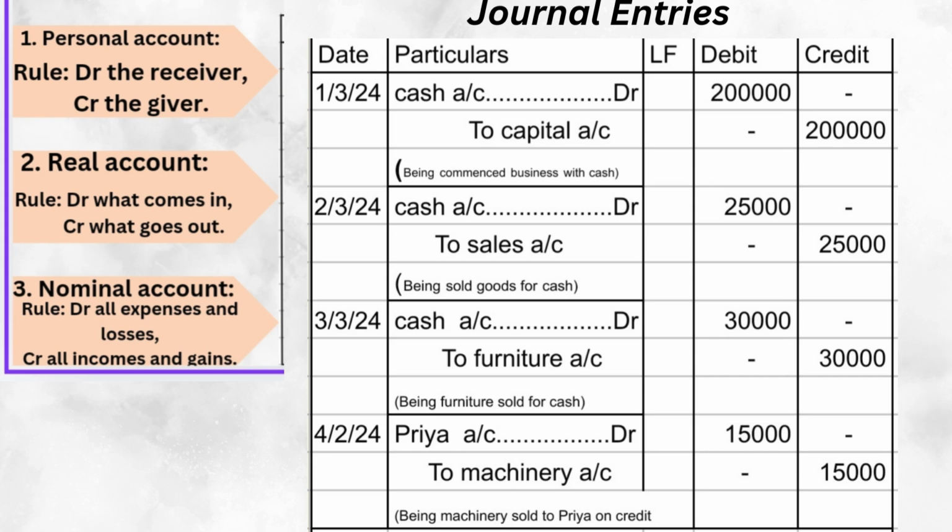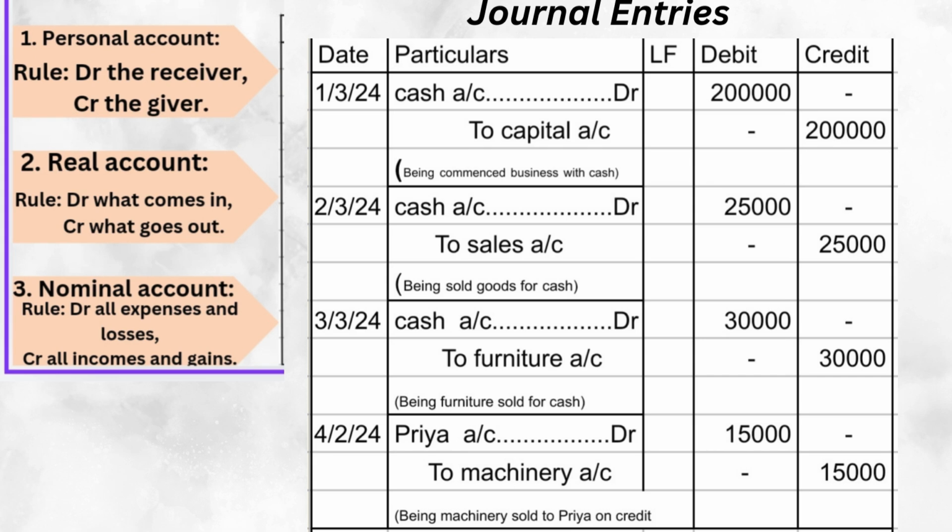So he is giving money, that's why capital is being credited. He is giving money in which format? Capital format. That's why we write cash account debtor to capital account. Two accounts are involved, personal account and real account. 2 lakhs in the debit column as well as the credit column. And we will also write the narration, being commenced business with cash. I hope you all understood.